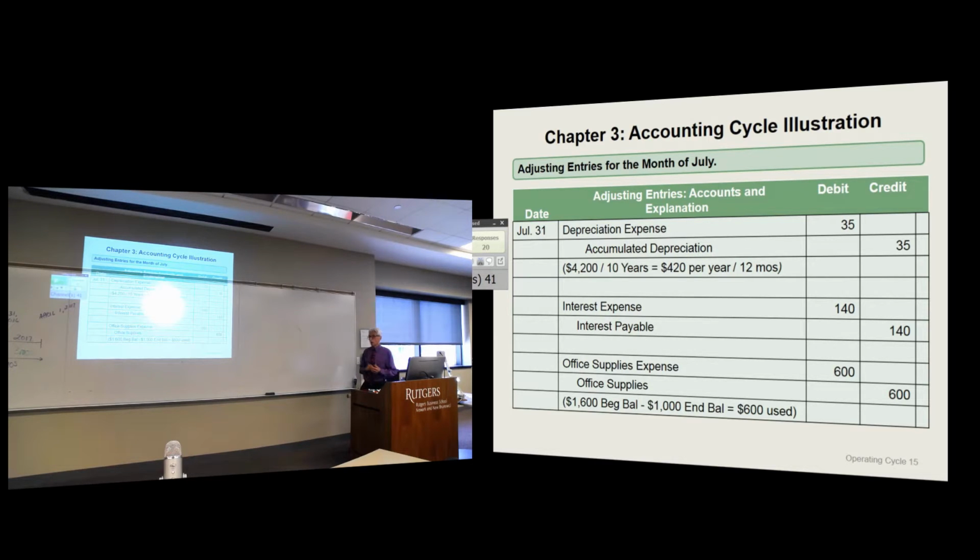Interest is given to you as accrued, so I debit the interest expense and credit the interest payable. And the office supplies, again, is the classic deferral. You've got to go back into the accounts, see what's recorded, and then make your adjustment. So you started with 1,600, it's ending with 1,000, you used up 600.